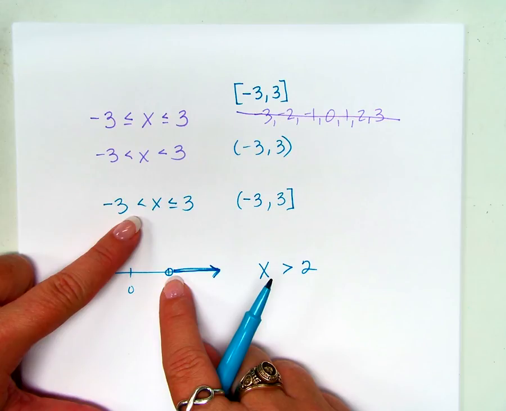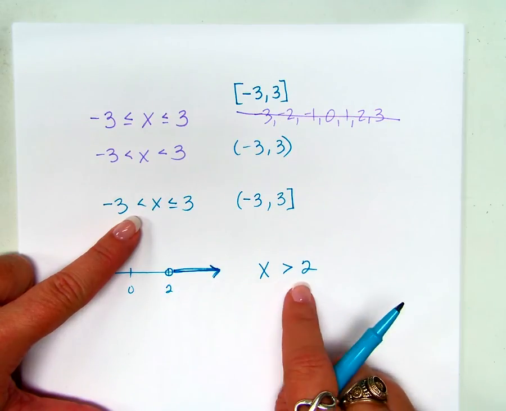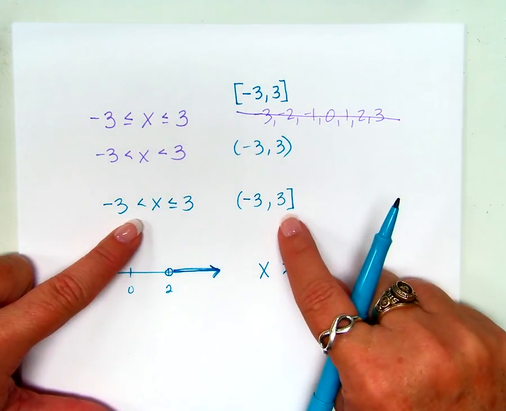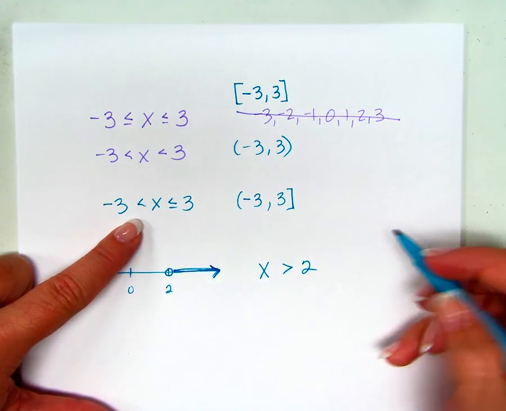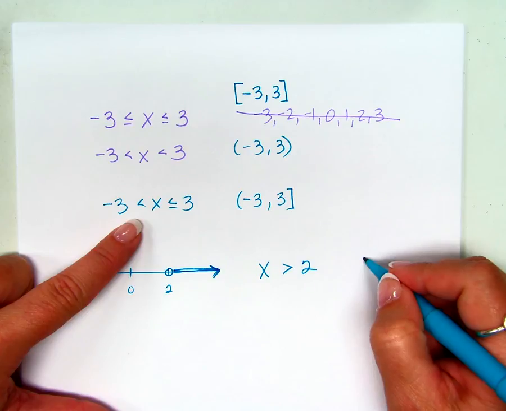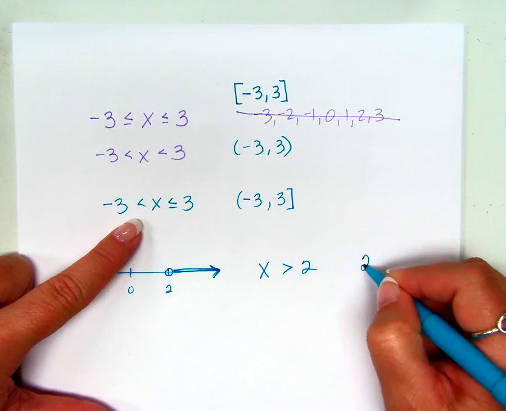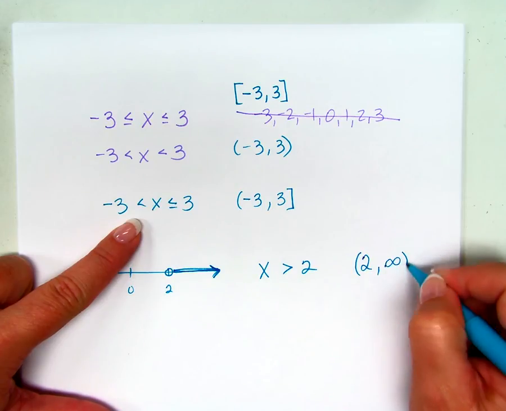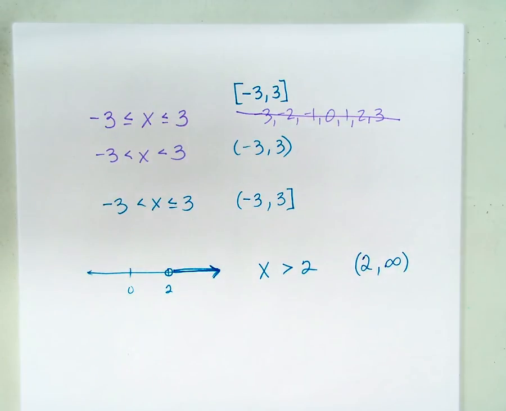It's open, so is it part of my solution? No. So it's x is greater than 2. How would I write that in interval notation? Where does it start? 2. Is 2 included? No. And how far does it go? Infinity. Does that make sense? Okay, good.